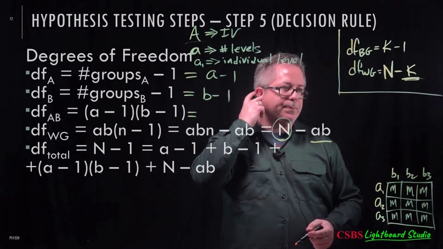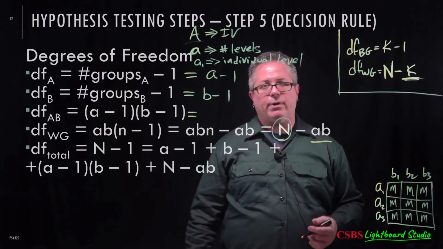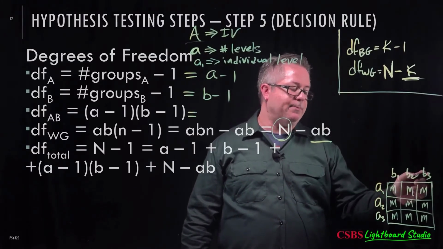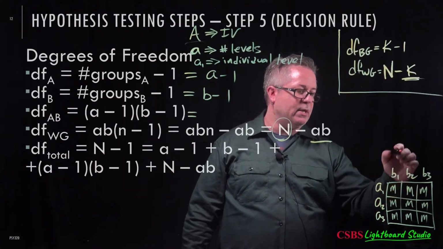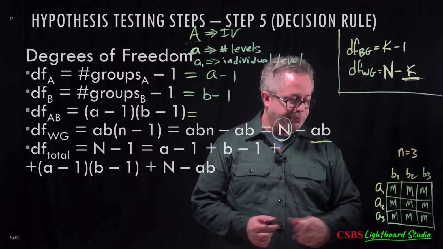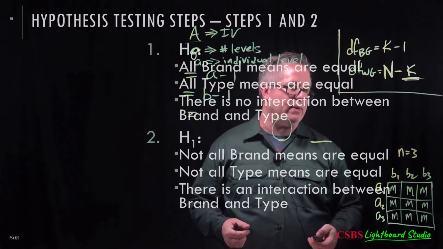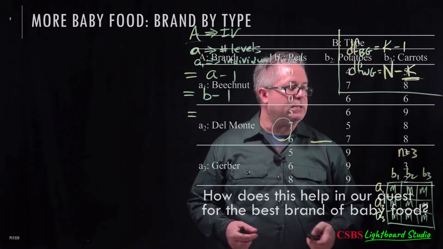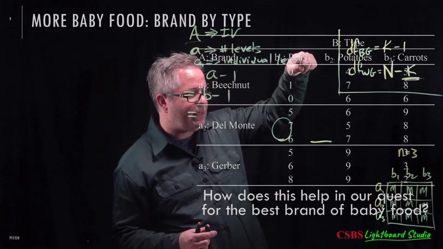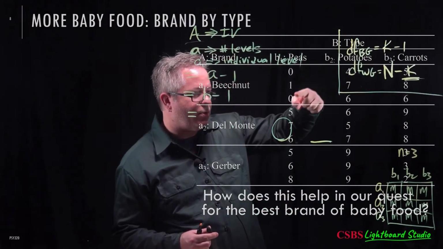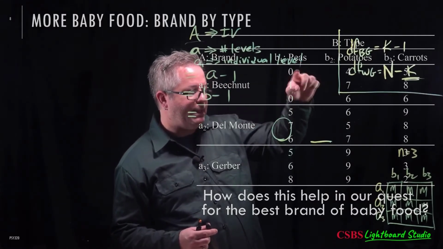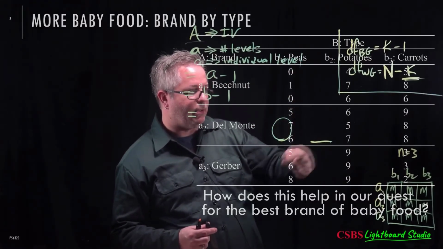All right. So in our example, if we want to figure out degrees of freedom, I know I have 3 levels of A and 3 levels of B. In each one of these, little n equals 3. How do I know that? Go back here for 1 second. It's messy, but you can see that in the Beech-Nut peas group, there are 1, 2, 3 babies. In the Del Monte peas group, there are 1, 2, 3 babies.